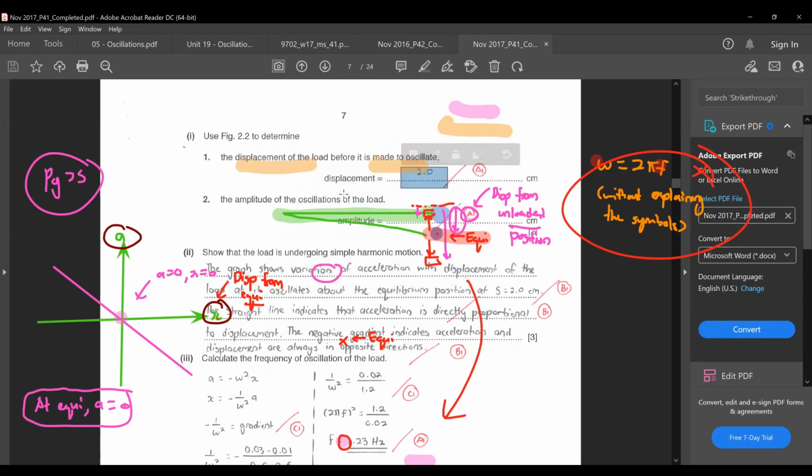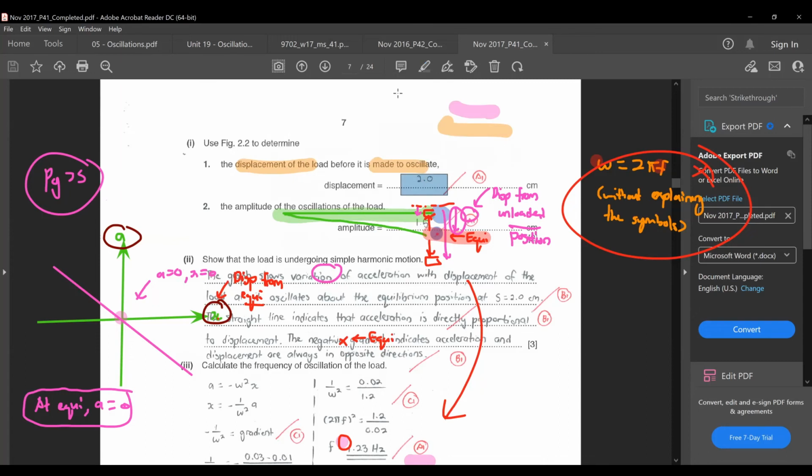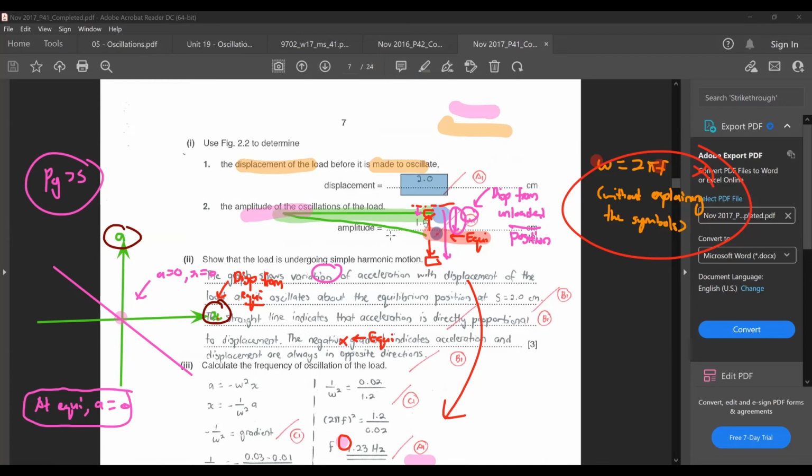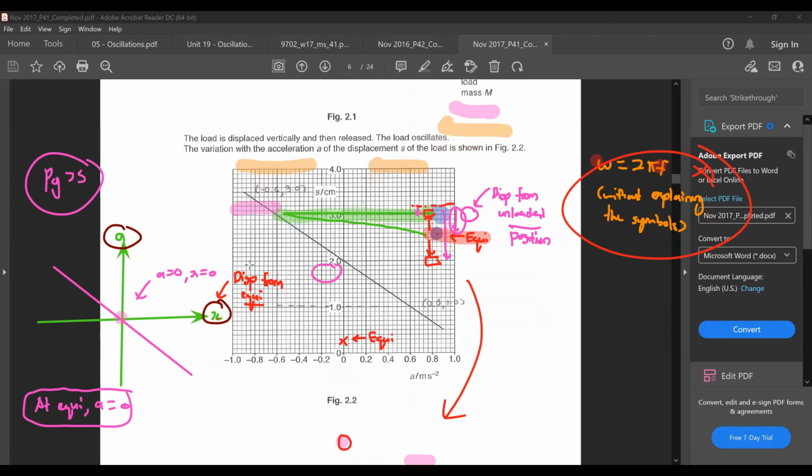And then the next thing they'll ask you is to find the amplitude of oscillation of your load. If you displace the mass and then release it so that it starts oscillating, what is the amplitude of oscillations of the load? Again, you refer back to the graph.